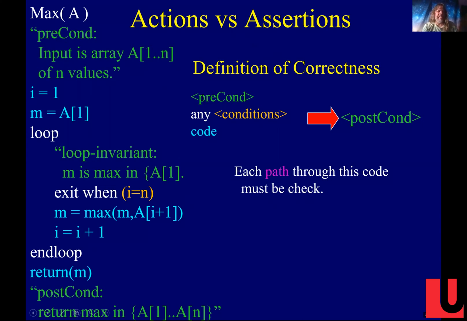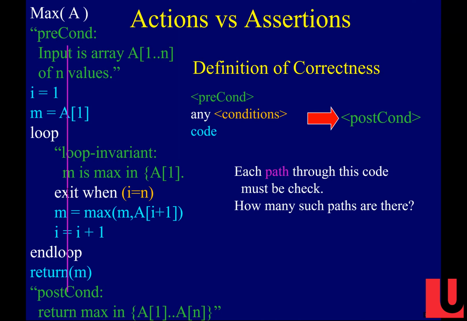We have to do proof by cases. If the precondition is true and we have this path, then we get the postcondition. If the precondition is true and we have that path, then we get the postcondition. There are all these different paths. So the question is, how many paths are there? Anybody know? You saw it on the slide a second ago. We could go straight through, skipping the loop.